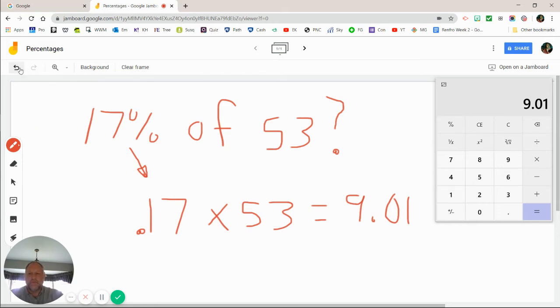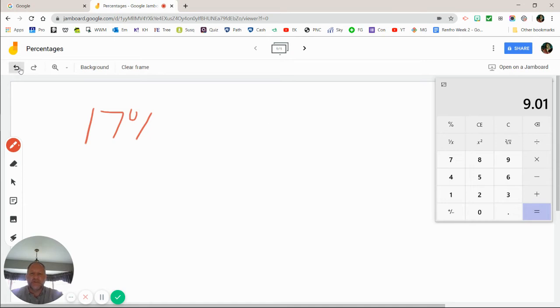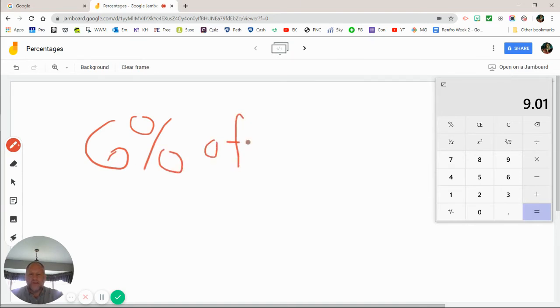Let's do another example. What is 6%? 6% is Pennsylvania sales tax. So what is 6% of, let's say you buy a new iPhone and the iPhone is $691.77.